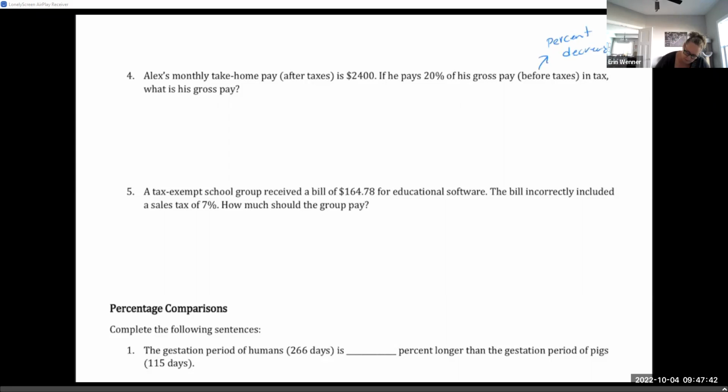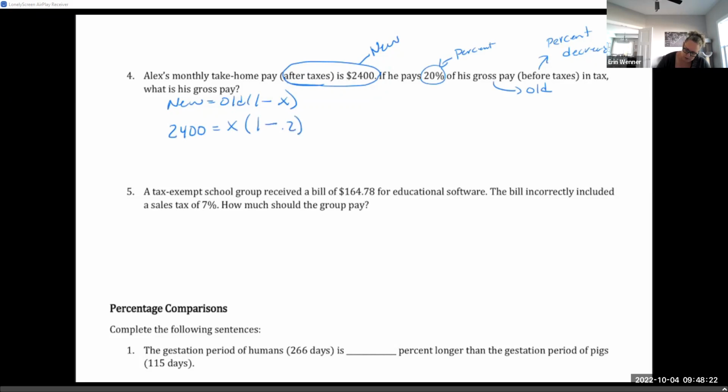So because we're dealing with a percent decrease, we've got the new equals the old times 1 minus x. So after taxes, this is his new amount. We don't know the before tax amount, but we do know the percentage. So if we plug our values in, we're going to have 2,400 equals the old amount we don't know times 1 minus 0.2.